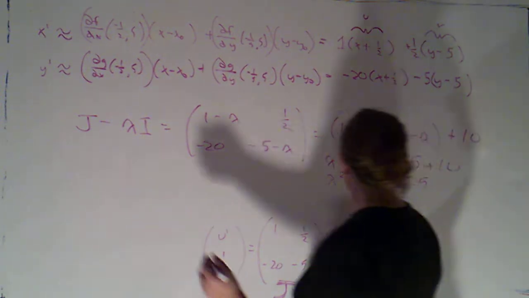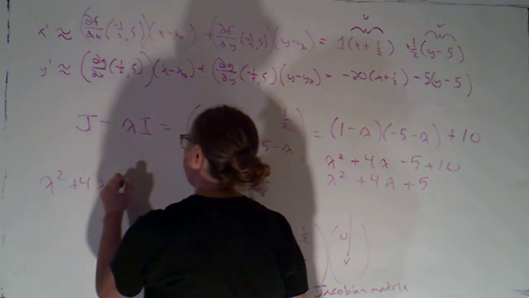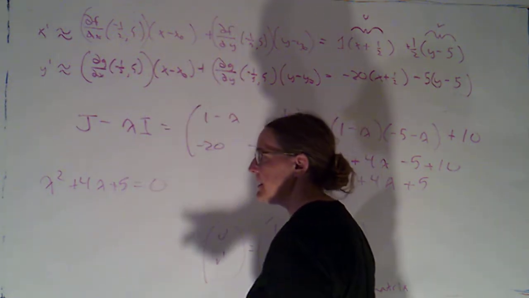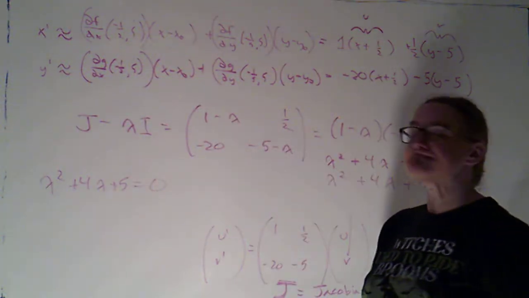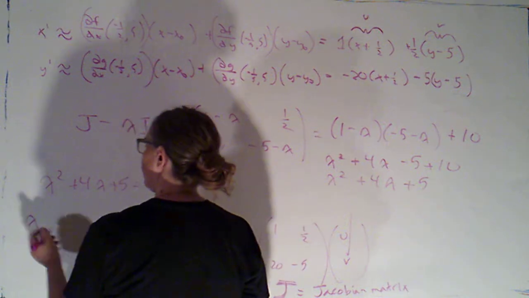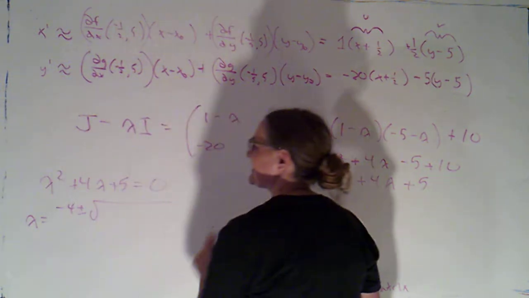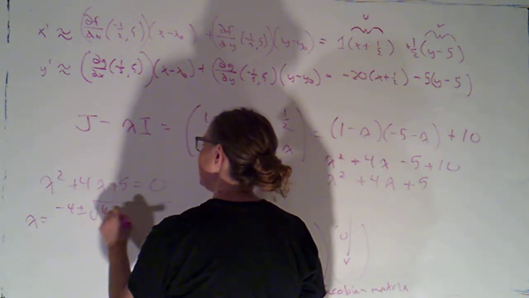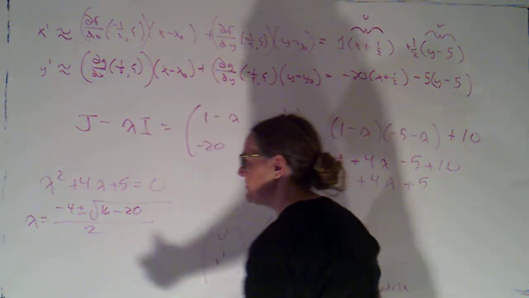So my characteristic equation is lambda squared plus 4 lambda plus 5 equals 0. That does not factor. So I'm going to use the quadratic formula. Lambda is going to be the opposite of 4, plus or minus the square root of 16 minus 4 times 1 times 5 is 20, all over 2.